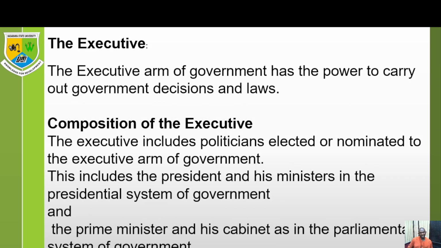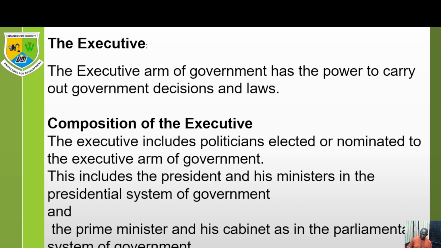Quickly, students, we're going to look at the second organ of government, which has to do with the executive arm of government, and is saddled with the responsibility of carrying out government decisions and implementing the laws made by the legislature.